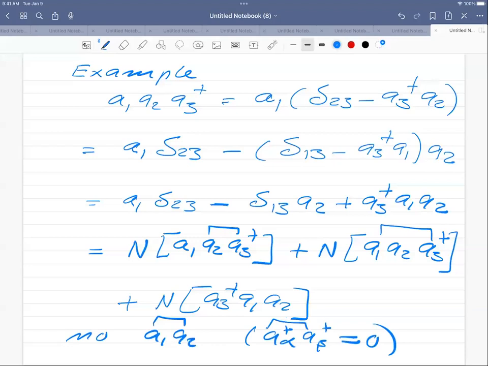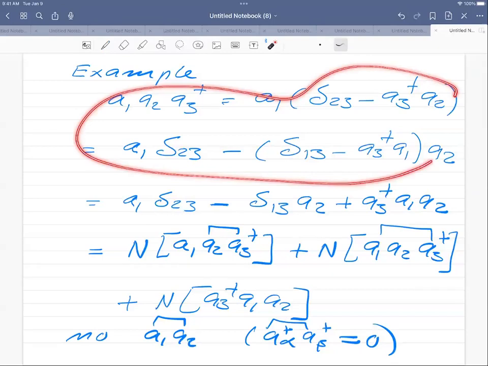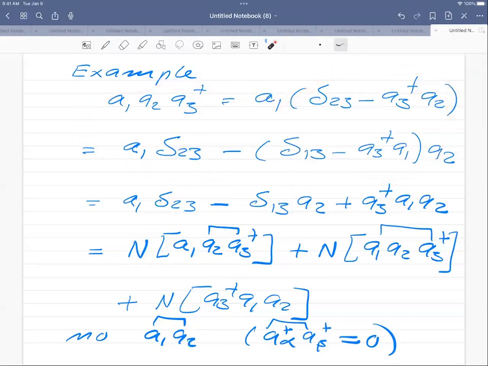So when I say the sum of all contractions, it means that you could assume that you also have these, which now automatically give us zero. In our case, when we perform these operations here, those specific contractions are not present because A1 and A2 are annihilation operators. Any questions so far? So I can actually rewrite that one like this.